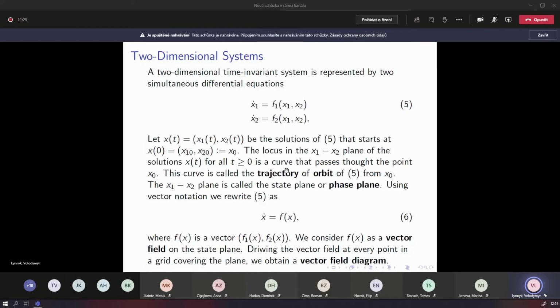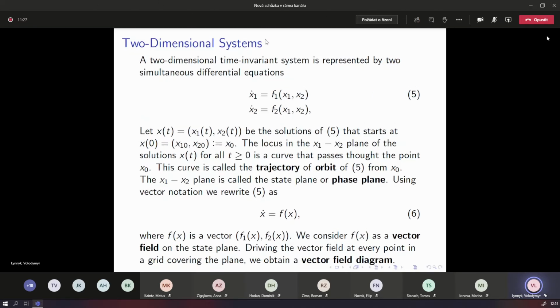Okay, two-dimensional systems. A two-dimensional time-invariant system is represented by two differential equations: x1 dot equal to f1 of x1, x2 and x2 dot equal to f2 of x1, x2.